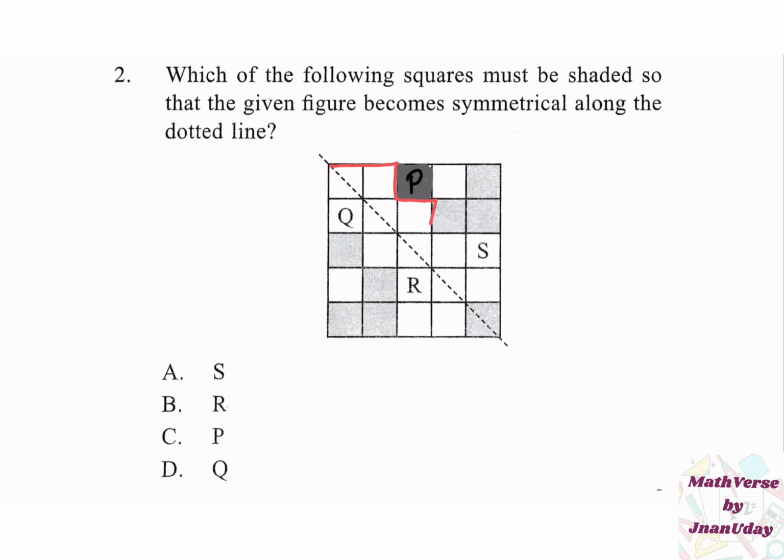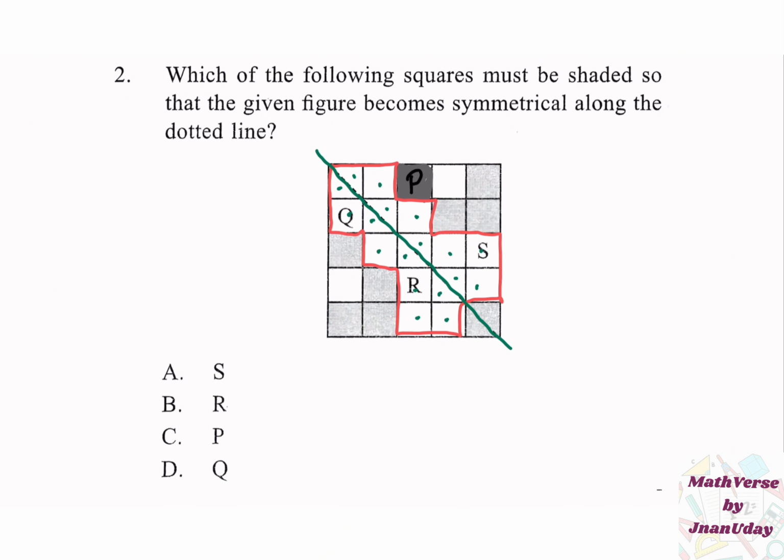We will exclude the colored squares and see if the line is making 2 equal halves on both the sides. So yes, it is. As you can see here, this 2, this 2, this 2, this is symmetrical.